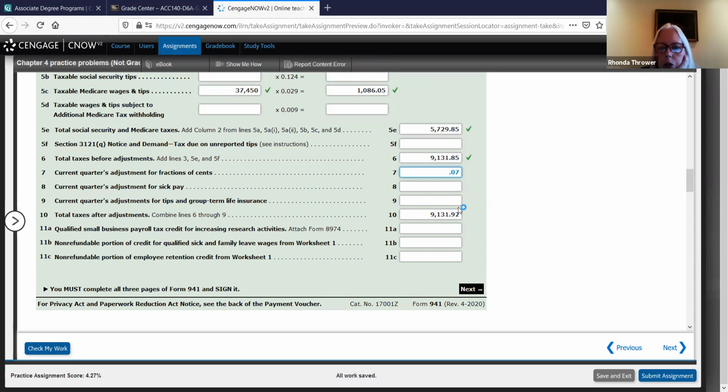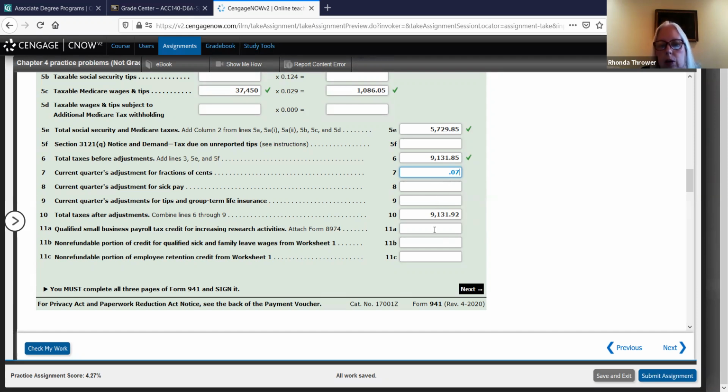What I'm telling you is the total of your tax deposits added together for the months of October, November, and December, that's where I'm getting this figure. Since it does not match this figure that we already calculated up above, you have to subtract this from this to find the difference. And that difference is what we call a fraction of cents. It's due to rounding errors in the problem. That's what makes it go there.